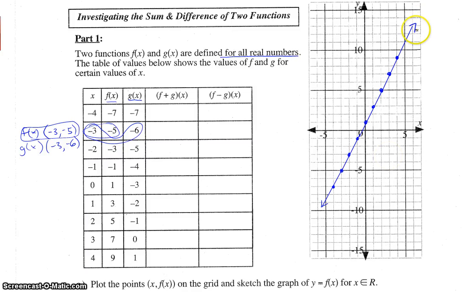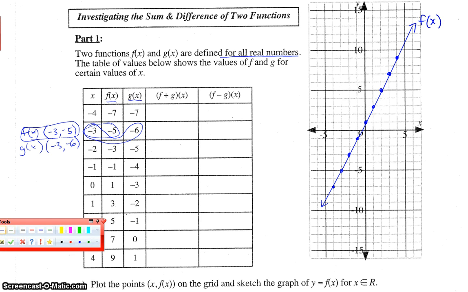Okay, so this is what you should have ended up with. I would use a ruler because it appears to be a straight line, and we are going to connect the dots and extend past, because the question says it's defined for all real numbers, so our x values could go on forever left and right. I'm going to label that f of x, and then use a different color to plot the points for g of x.